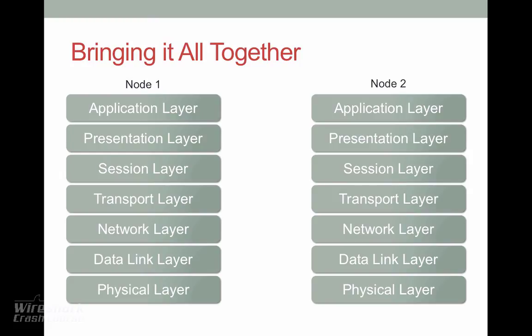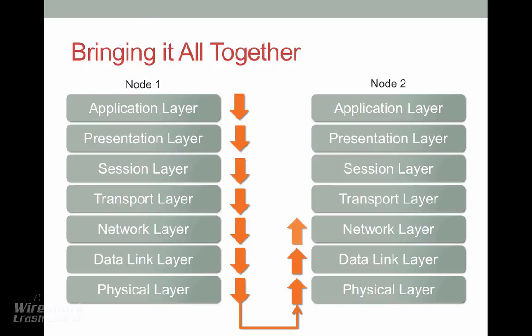So let's talk about a concept called encapsulation and decapsulation. When 2 nodes want to communicate with each other, the data goes up and down the OSI layers. In this example, node 1 is initiating communication. The application generates a payload that it wants to send to node 2 and then sends it down the layers. Encapsulation means that at each layer some data is added.